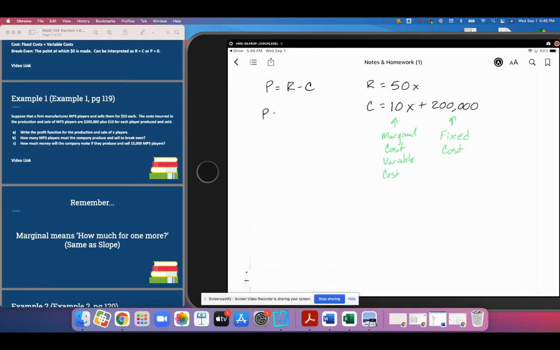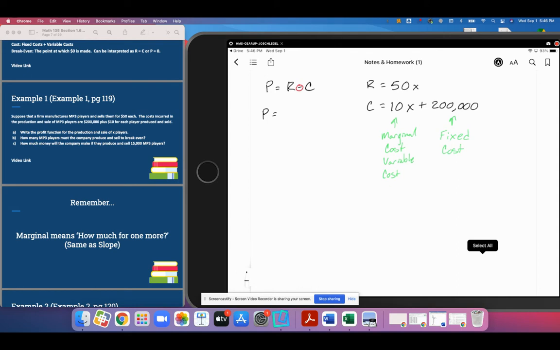A stumbling point for many students over the years that I've been doing this is this right here. We are going to have to be very careful about that minus sign, because that minus sign is going to apply to the entire cost function, not just to the 10 in the front of the cost function.